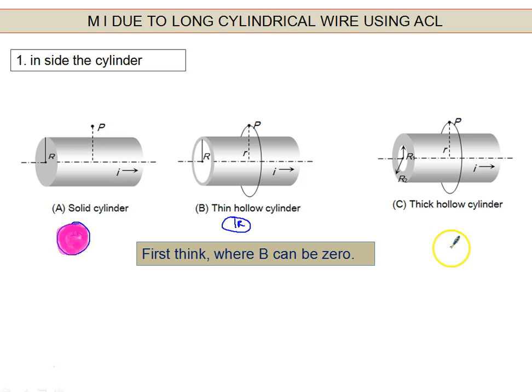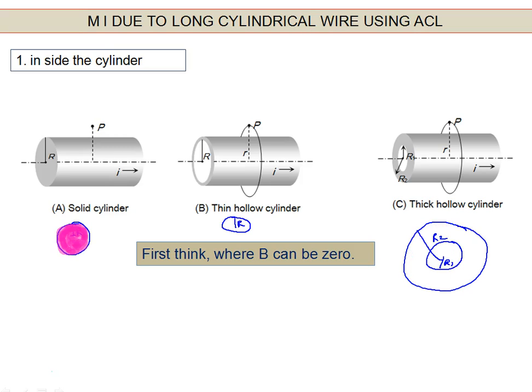And again here what is happening? That is a thick hollow cylinder, internal radius is r1, external radius is r2. And again I will say that this region is solid, and the inner one is not. So I think all of you are getting it.